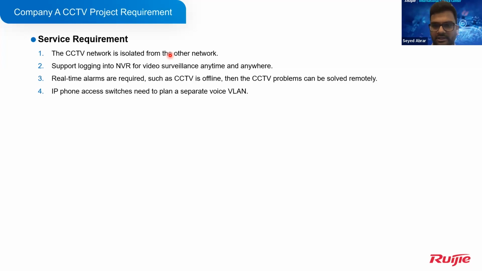If you have all the devices in one network, the problem is the broadcast domain will be larger, right? So if it's isolated, the bandwidth usage and broadcast domain will shrink, and the video will flow within this range. You will not get any pixelation or delay if you isolate the network. That's why we recommend you use separate VLANs logically for the CCTV network.